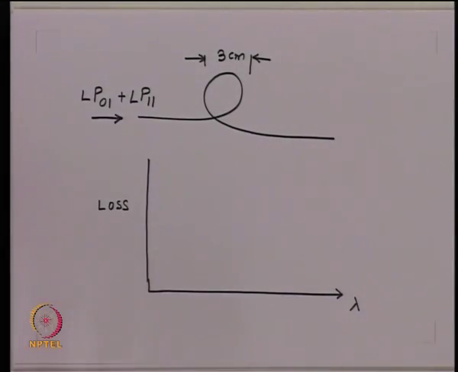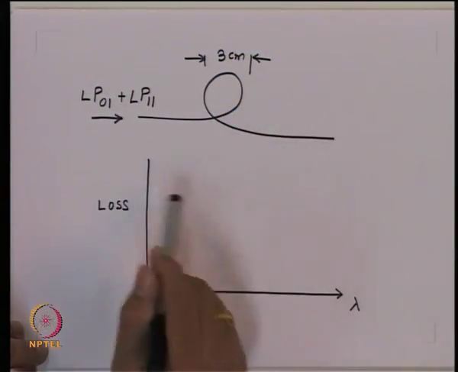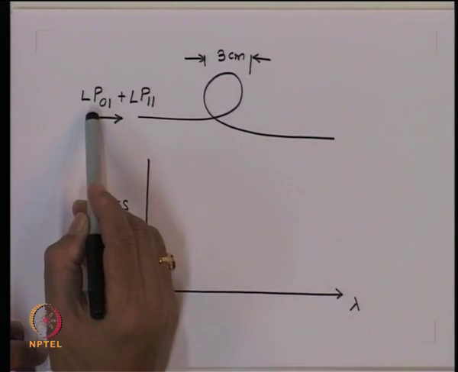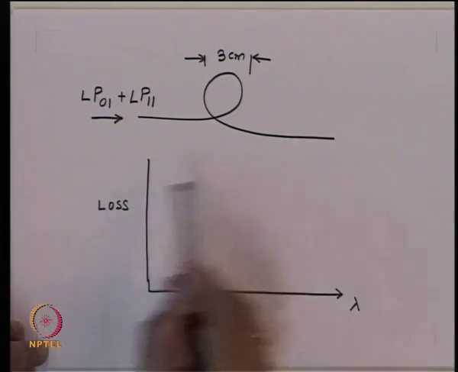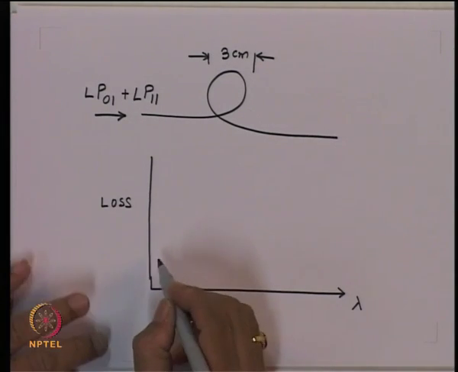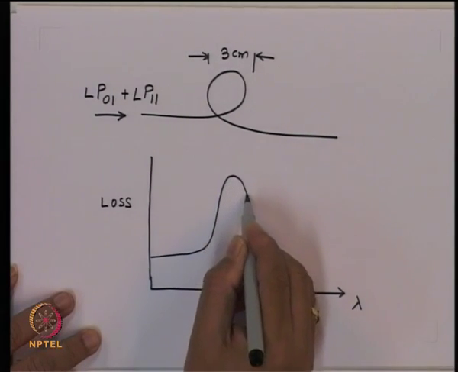If I go to a wavelength still further, then LP11 will not get excited at all because it will be below cutoff, and then the whole energy will be launched into the LP01 mode, which will not have a loss inside this loop, and you will get almost the full power coming out here. So, if I look at the typical loss profile, it will look something like this.